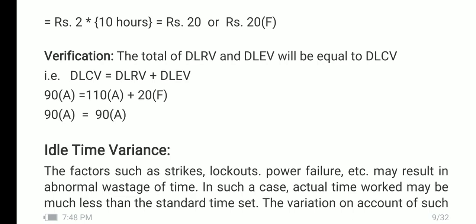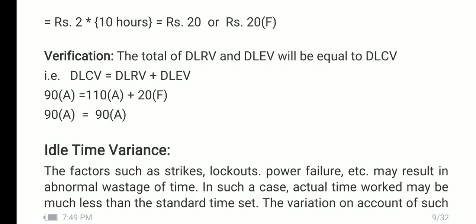In the form of the equation, we can say that DLCV is equal to DLRV plus DLEV. We have already computed in illustration 1, DLCV as 90 adverse. Illustration 2 has given us DLRV as 110 adverse.